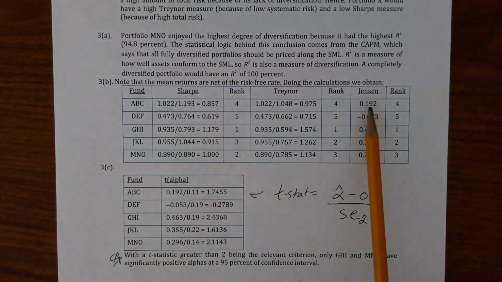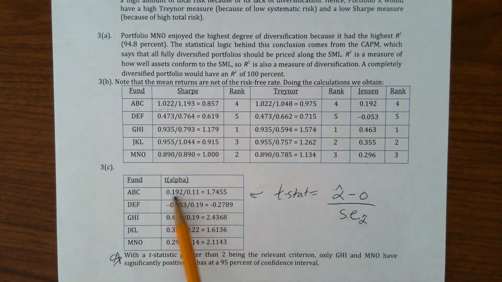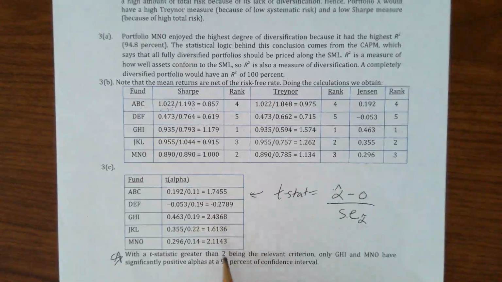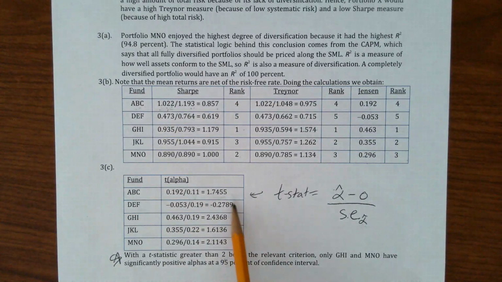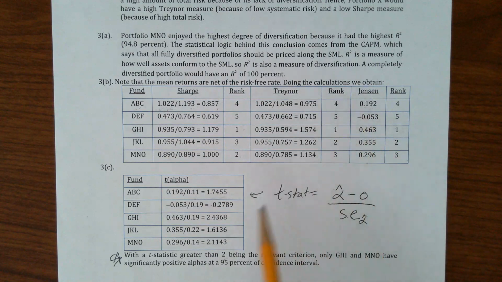So if you take 0.192 and divide by its standard error in the book, 0.11, you'll get 1.7455. This is the test statistic that we would then compare to the number 2, right? At an absolute value, number 2, right? 1.7455 is not greater than 2. We would say that fund manager ABC's alpha, even though it's positive, is not significant, right?